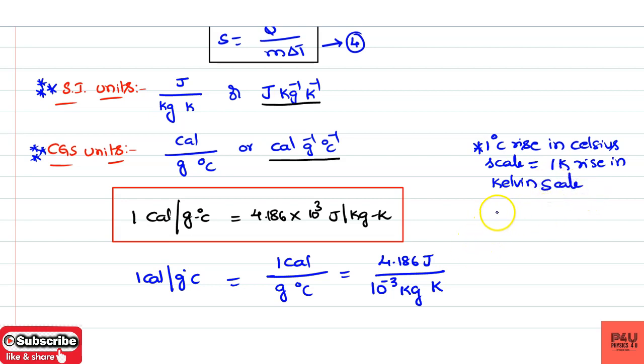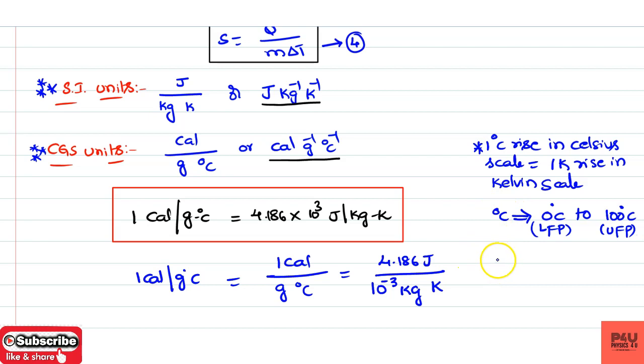Because in the centigrade scale we have divisions from 0 degree centigrade to 100 degree centigrade, where 0 degree centigrade is called the lower fixed point or ice point, and 100 degree centigrade is called the steam point or upper fixed point.